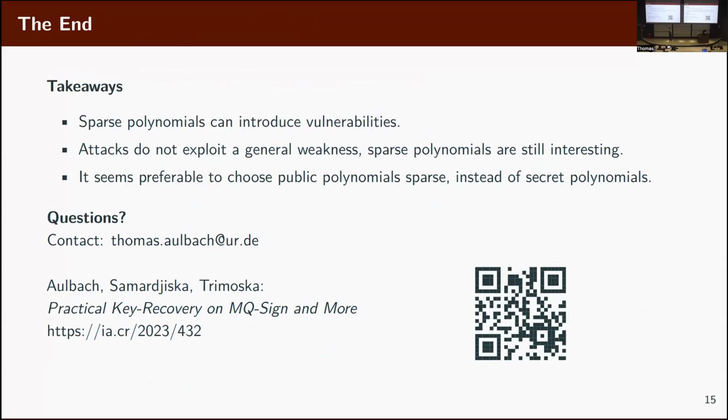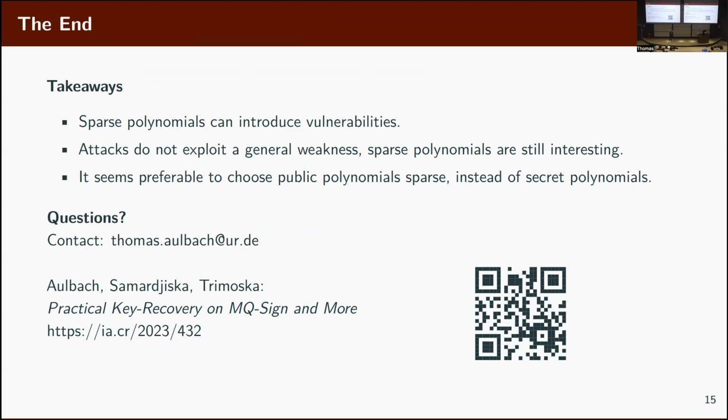So the takeaways which I want to give: sparse polynomials can introduce real vulnerabilities if you are not careful. For example, as our first attack has shown, if it allows you to derive many linear equations, then it can be really bad for the security of the scheme. But our attacks do not exploit a general weakness.